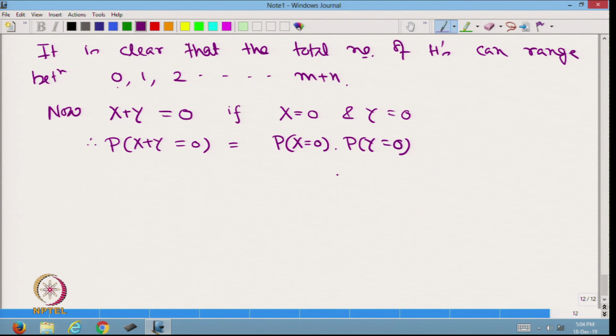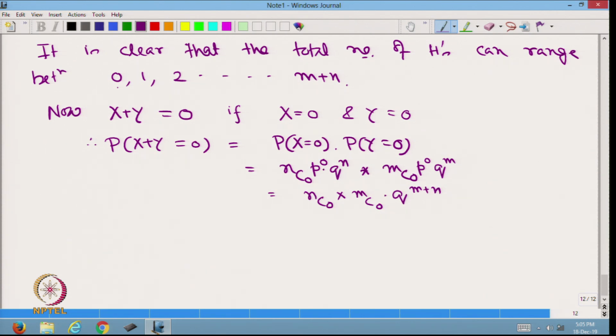Therefore, we can multiply their probabilities, and this is going to be n c 0 p to the power 0 q to the power n multiplied by m c 0 p to the power 0 q to the power m, which is n c 0 into m c 0 into q to the power m plus n, since p to the power 0 is equal to 1, which is equal to q to the power m plus n, since n c 0 is equal to 1 and m c 0 is equal to 1.